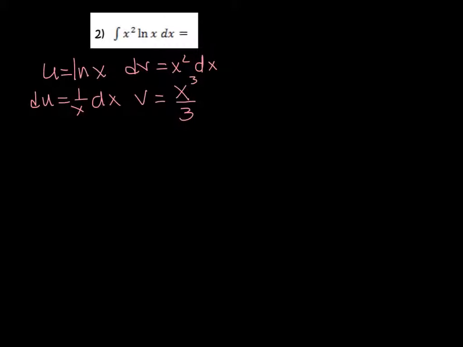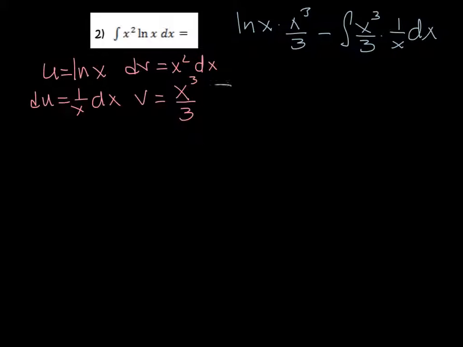Now, let's do the substitution in the formula. Do you remember it? Okay, I hope you do. So the substitution would be u times v, which is natural logarithm of x times x cubed over 3, minus the integral of v, which equals x cubed over 3, times differential of u, which is 1 over x times dx.